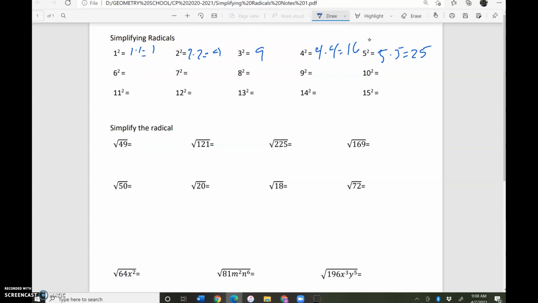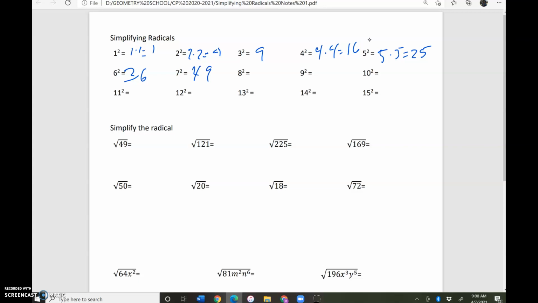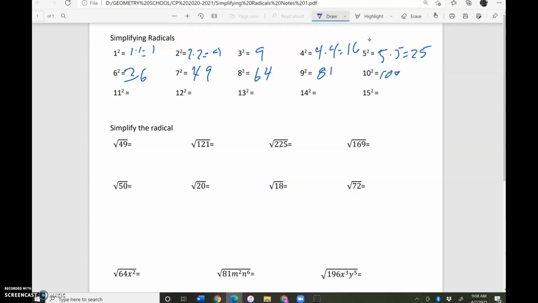Pardon, my handwriting is awful today. 7 squared is going to be 49. 8 squared is going to be 64. 9 squared is 81. 10 squared, 100. 11 squared, 121. 12 squared, 144. 13 squared, 169. 14 squared, 196. And 15 squared, 225.